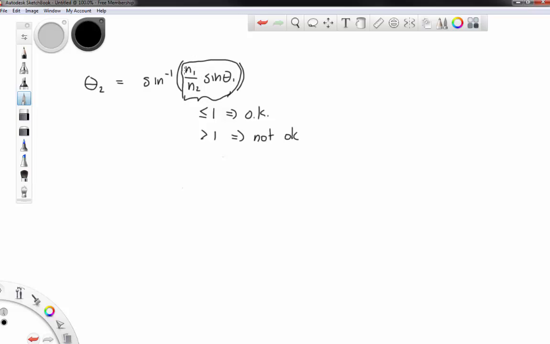And we're assuming here that you're going from your high to your low refractive index, so n2 will be bigger than n1. And so that's going to give us the biggest possible angle that you'll get refraction out of.